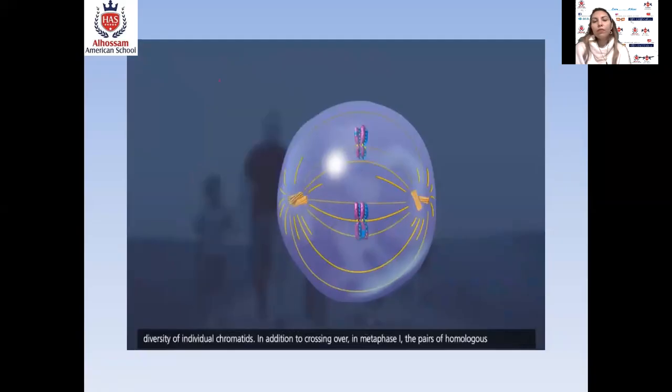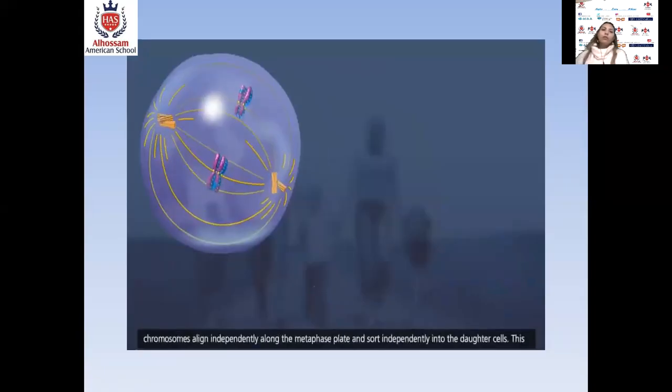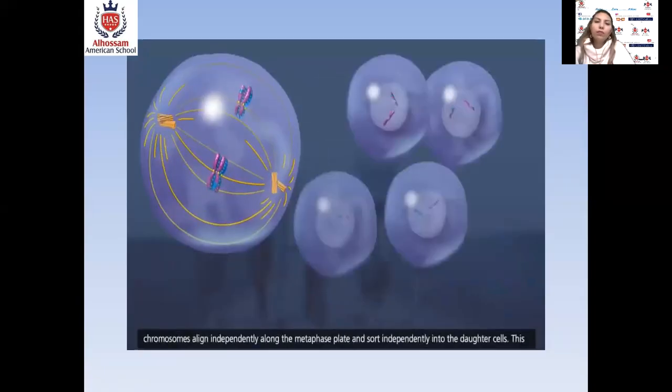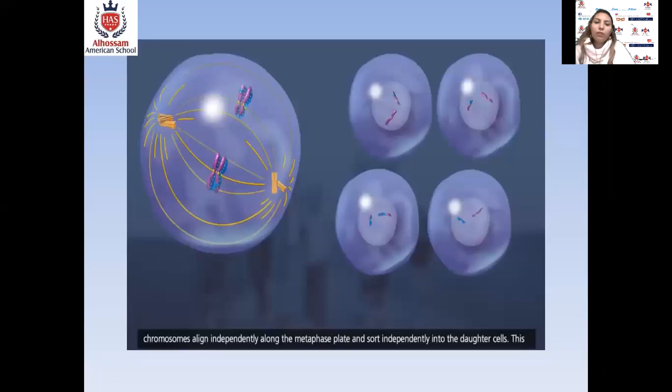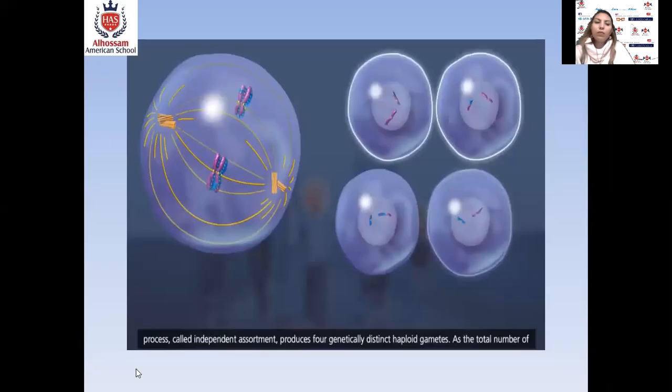In addition to crossing over, in metaphase I, the pairs of homologous chromosomes align independently along the metaphase plate and sort independently into the daughter cells. This process, called independent assortment, produces 4 genetically distinct haploid gametes.